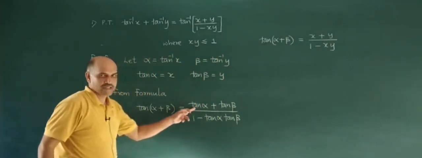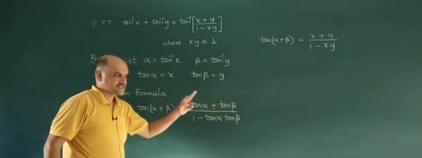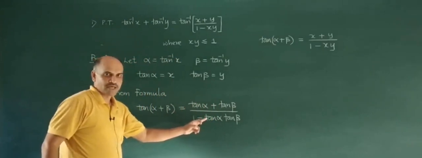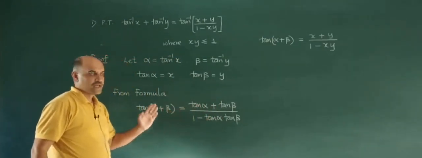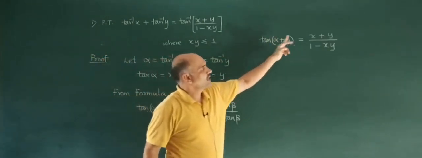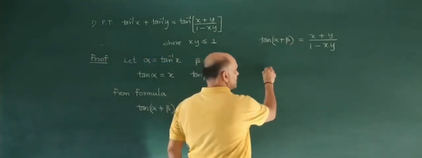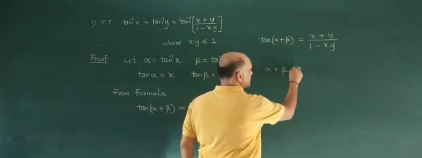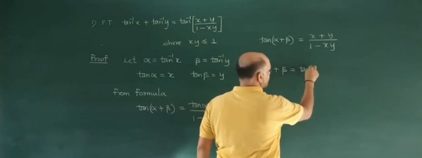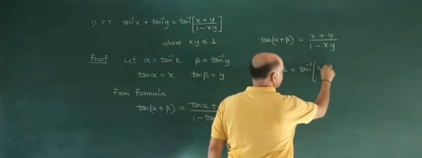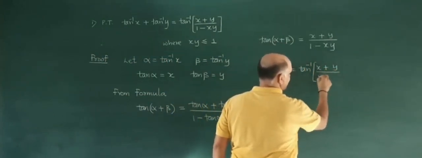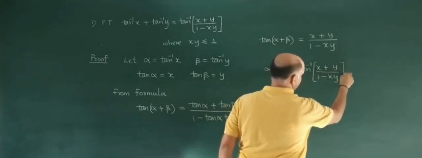Tan alpha I have taken as x, tan beta as y. Now pass this tan to the RHS. So you will have alpha plus beta is equal to tan inverse of x plus y divided by 1 minus xy.